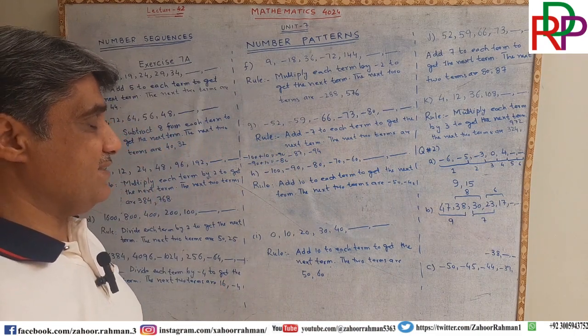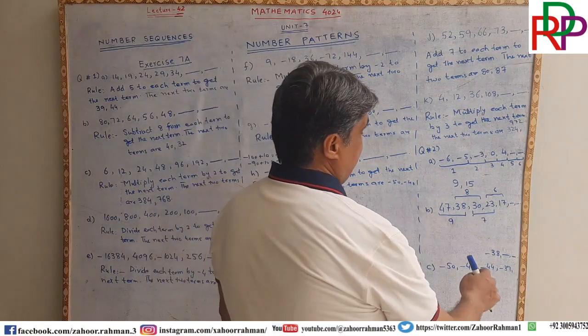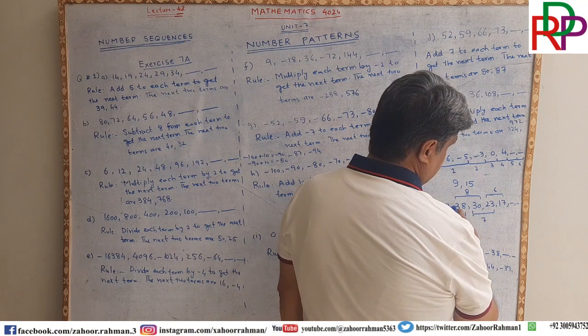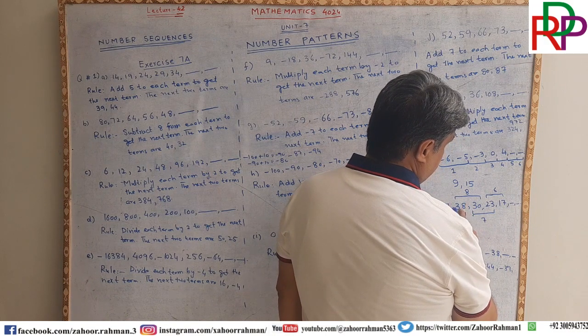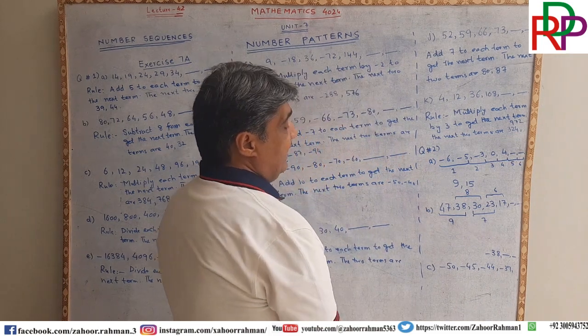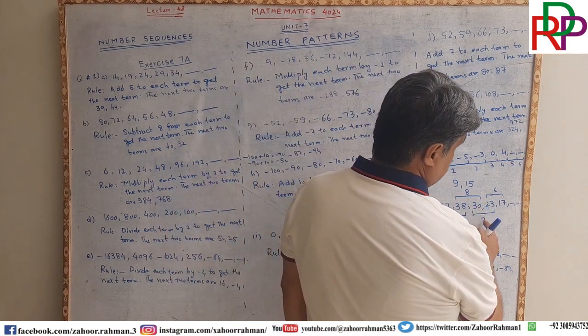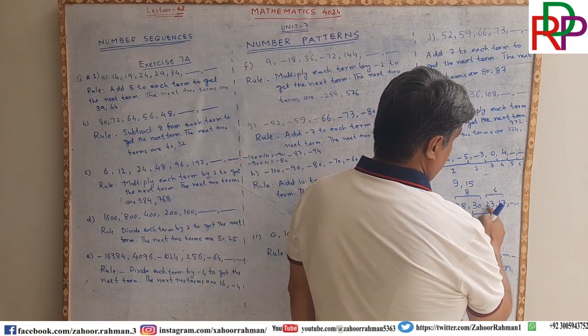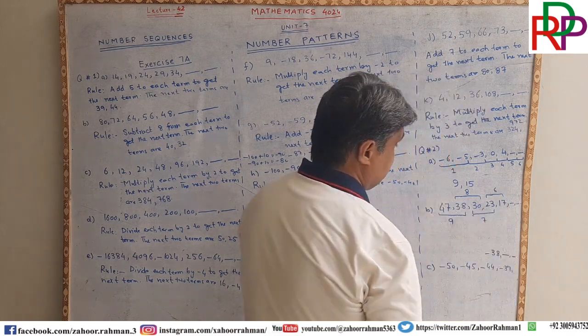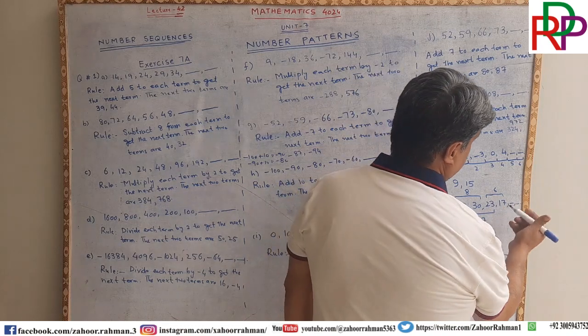And if we are subtracting 9 from 47, we will get 38. From 38, if we are subtracting 8, we will get 30. And if from 30 we are subtracting 7, we will get 23. From 23, if we are subtracting 6, we are getting this.